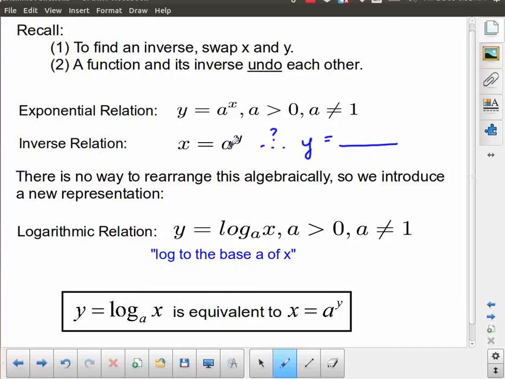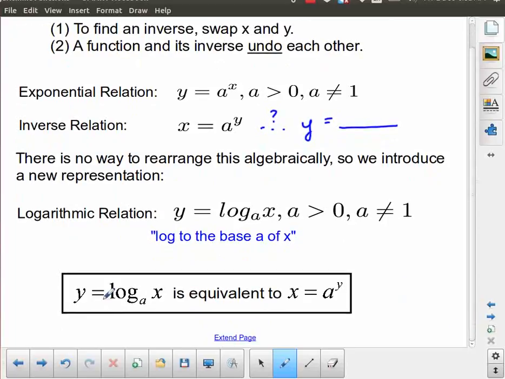We still need to be aware of the bases. Same restrictions on a. So it has to be a number that's greater than 0, but it's not equal to 1. And what essentially it's saying is that this logarithmic form is equivalent to when we swapped the x and the y of the exponential.